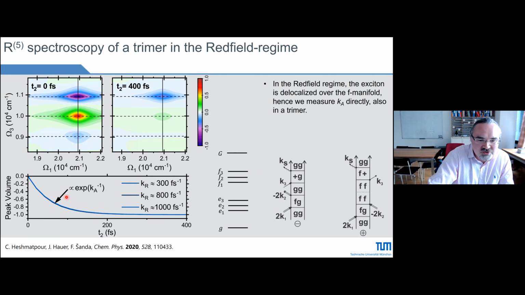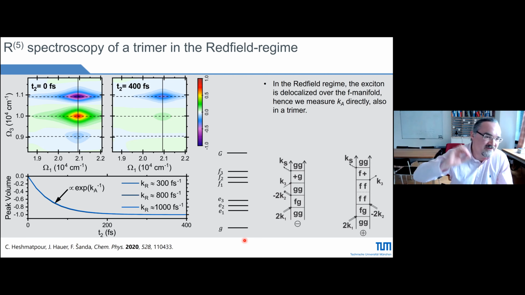And then we are back to something convenient, because now it doesn't depend anymore on this rate of relaxation in this doubly excited manifold, because now we are back to our mono-exponential decay. So if we have strong coupling and a trimer, we will still get what we're after. We will still get a mono-exponential decay to our signal in the integrated R5 signal, and this decay will be determined by the annihilation rate. So it's still very usable also in a trimeric system.